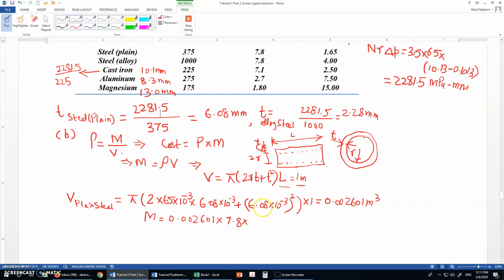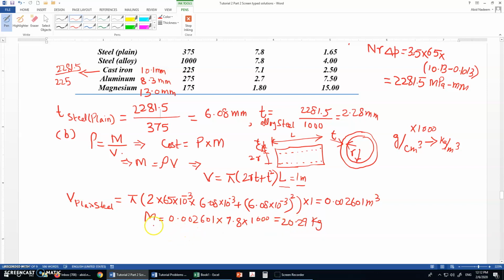If you convert from gram per cubic centimeter to kilogram per cubic meter, you need to multiply by 1000. So this will give us an answer of mass in kilogram, which will be equal to 20.29 kilogram.